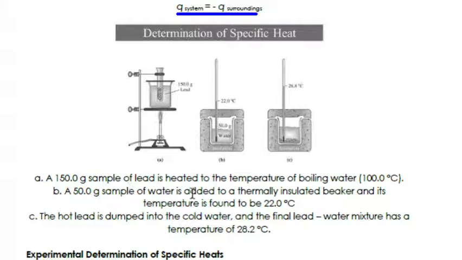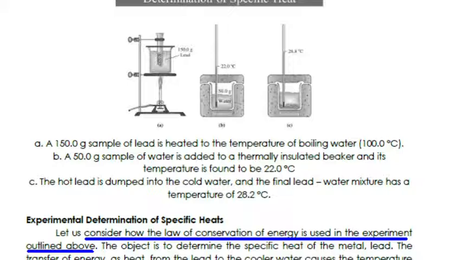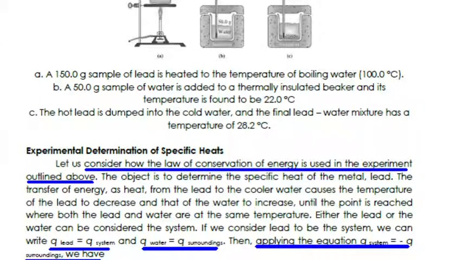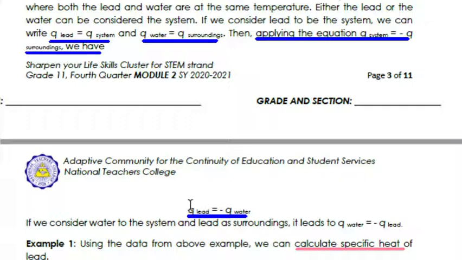This experiment, then read A to C. So in this, we assigned the heat of lead as the heat of the system, and heat of water is the heat of surroundings. So applying the equation Q system, or heat of the system, is equal to negative heat of the surroundings, we have heat of the lead is equal to negative heat of water.